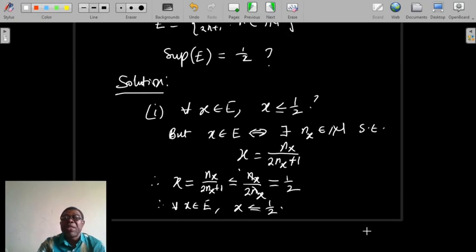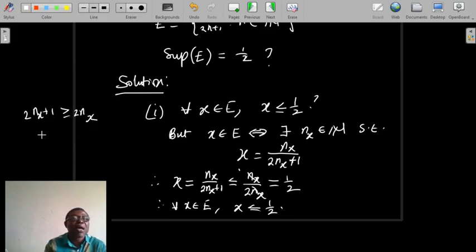But how did we get this? Let me put it aside somewhere here. Remember that 2n_x plus 1 is of course greater than or equal to 2n_x. This is a true statement. We know n_x comes from the set of natural numbers and is therefore non-zero, and this means that these two entities are positive, and thus I can take reciprocals.